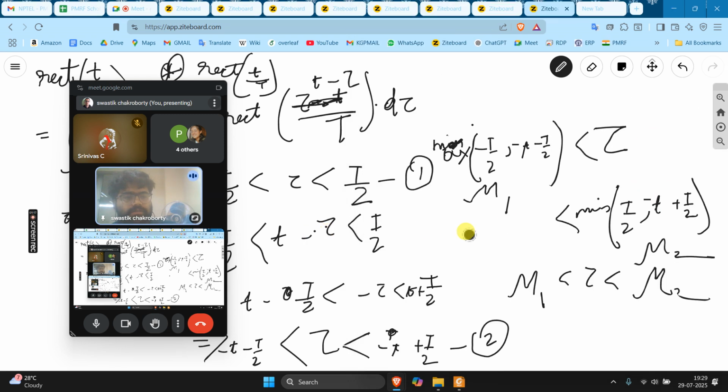And m1 is defined as the max of minus T by 2 and minus t minus T by 2.